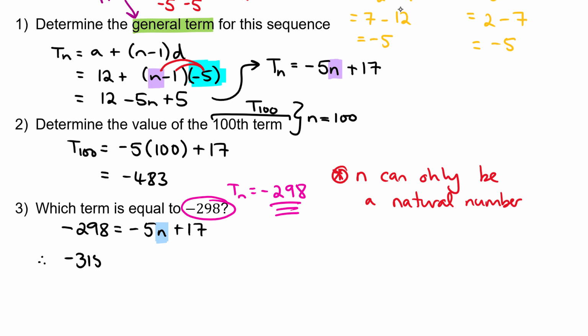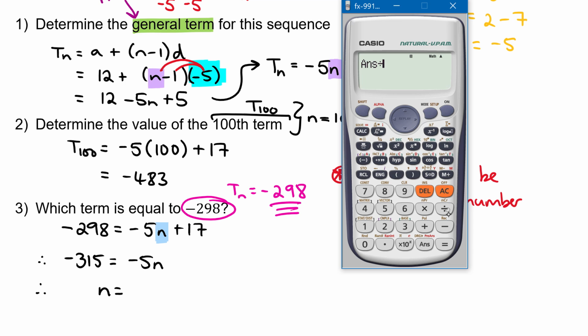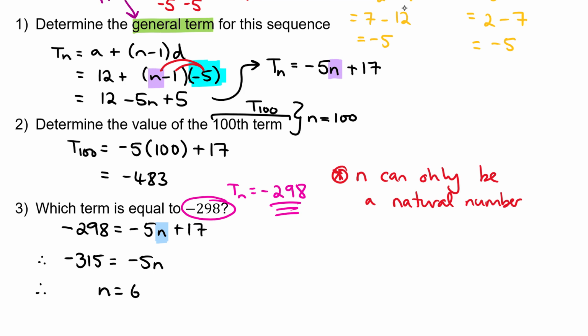So negative 315 equals negative 5n. Divide both sides by negative 5, and we get 63. So in other words, putting this all together, term 63 equals negative 298.